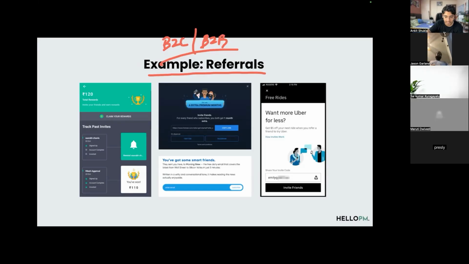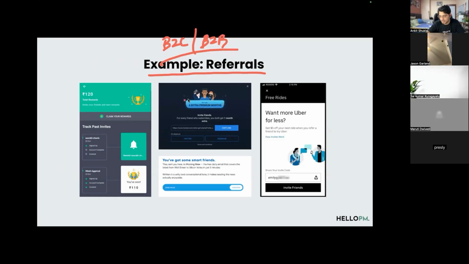A quick yes or no if everyone is aware about how referrals work. How referral works? Your existing set of users will invite other people onto the platform through some links or coupon codes so that other people can also join the platform. Okay, understand? Everyone has the same understanding of the feature, right?